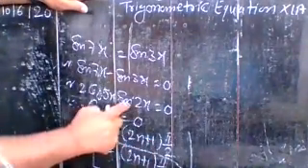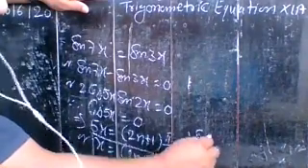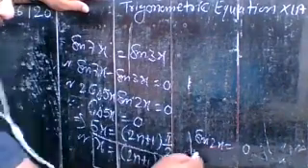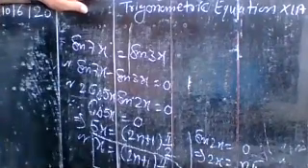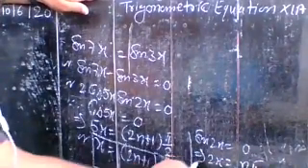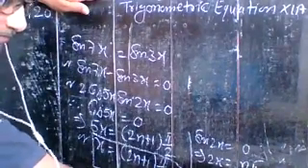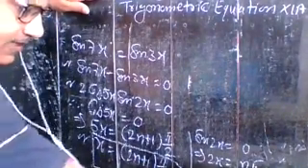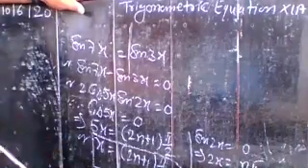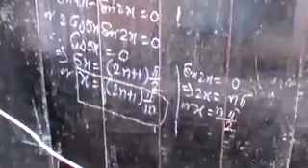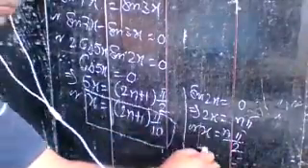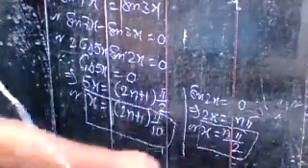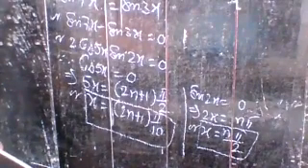And if you take its second factor, sin 2x is equal to 0, this implies 2x is equal to n pi, or you have x is equal to n pi by 2. So in this way you have two solutions here: x is equal to n pi by 2 and x is equal to (2n plus 1) pi by 10. Right.